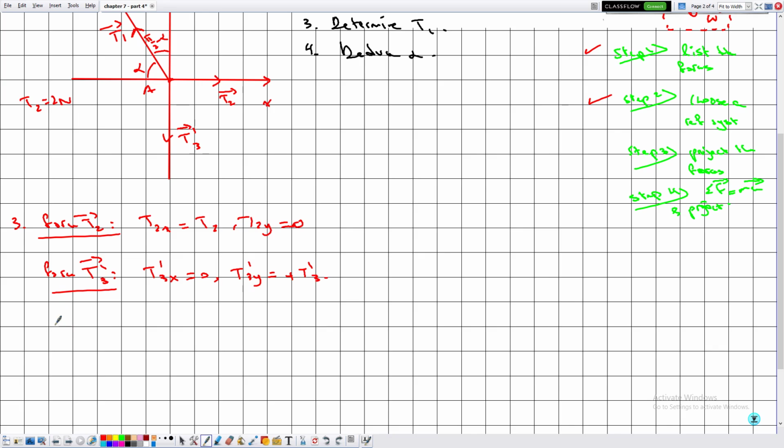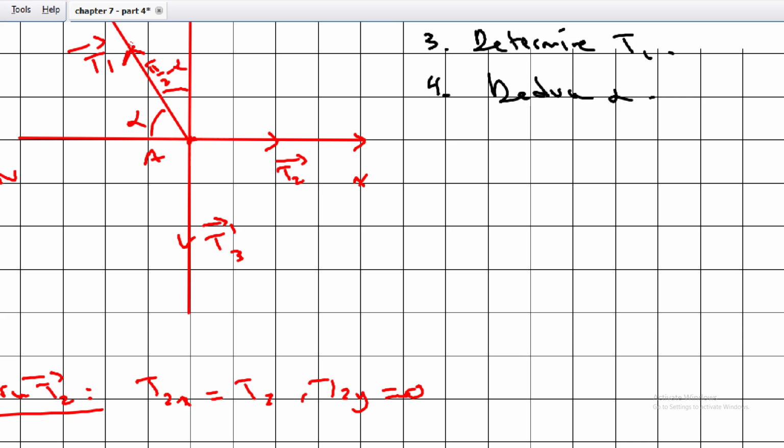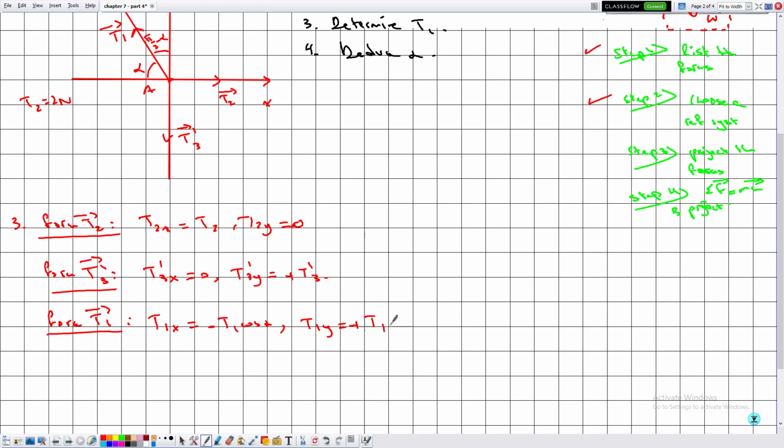Now, as for the force T1, we have that T1x, it's pointing in the negative direction, so it's minus T1 cosine alpha, and T1y is equal to plus T1 cosine of pi by 2 minus alpha, which is equal to T1 sine alpha. So T1y is equal to T1 sine alpha.